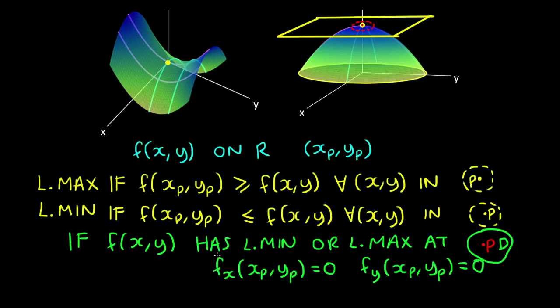And we can show this using the directional derivative. So if the derivative of the function in an arbitrary direction is equal to the dot product between a gradient vector and the direction vector, so recall that was equal to the partial of f with respect to x by the x component of u plus the partial of f with respect to y by the y component of the direction vector.